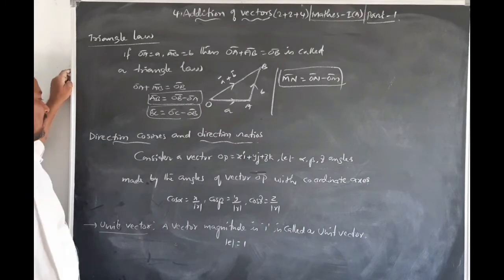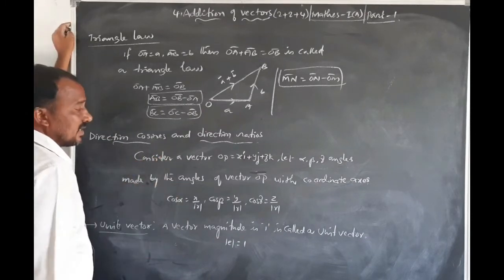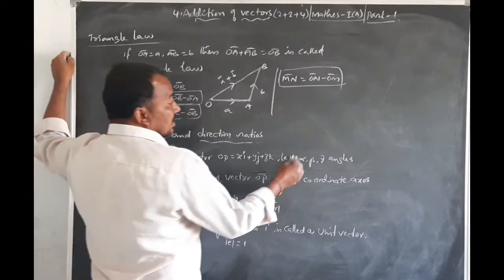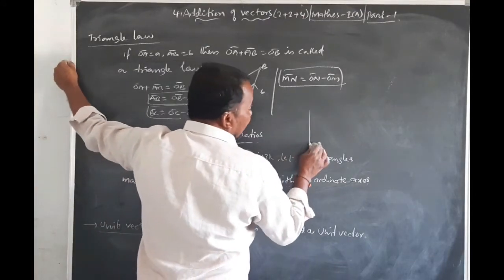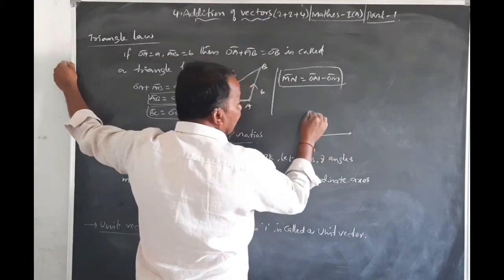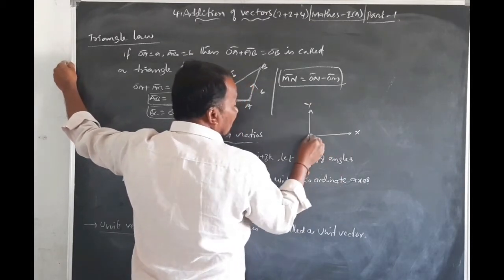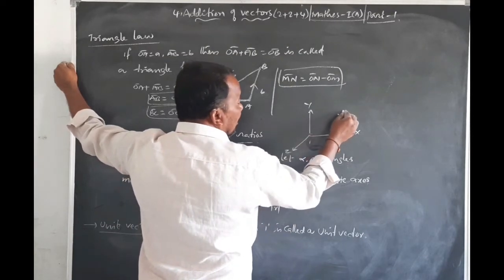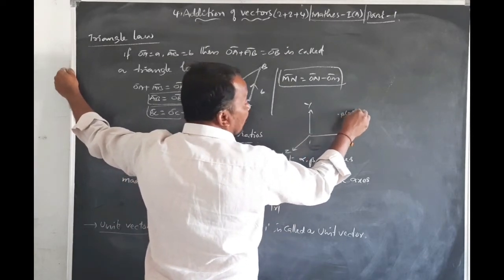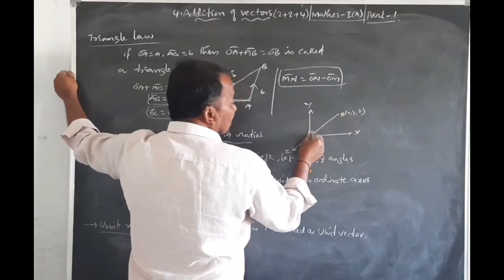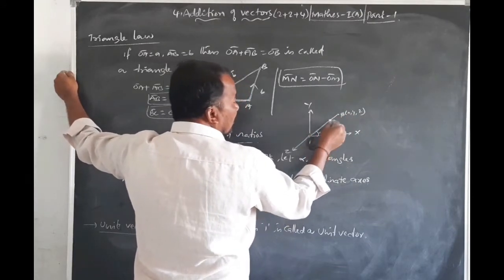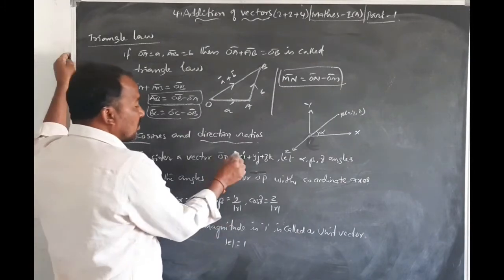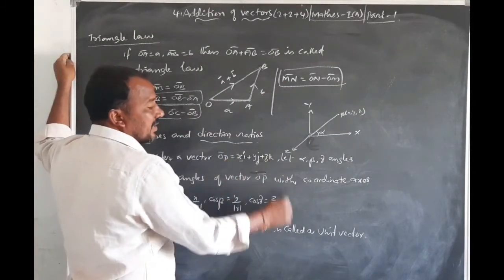Okay, right. Direction cosines and direction ratios. Take any vector OP to the point P(x, y, z). Consider the vector OP equals xi plus yj plus zk.